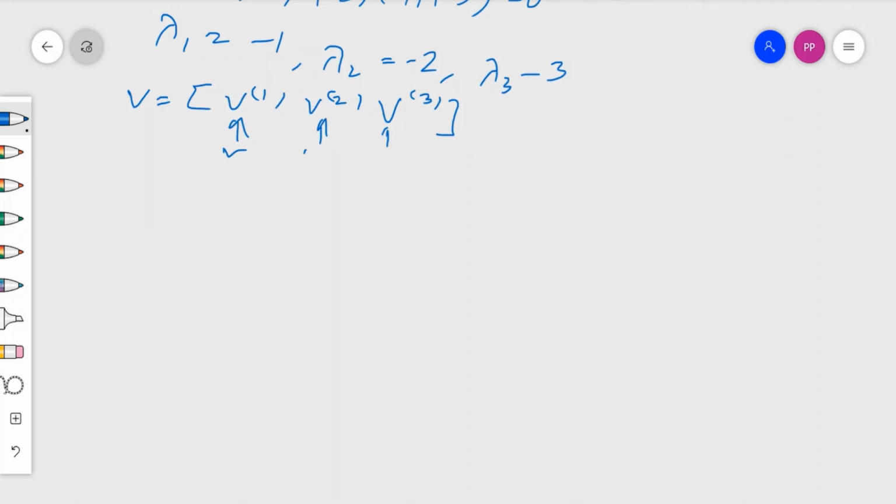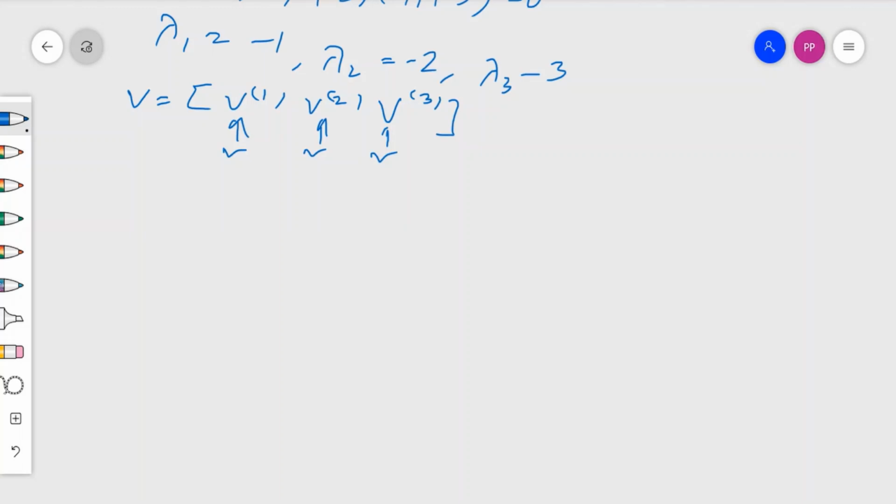These three are column vectors of eigenvector matrix V. So we can find out V1, V2 and V3 one by one.